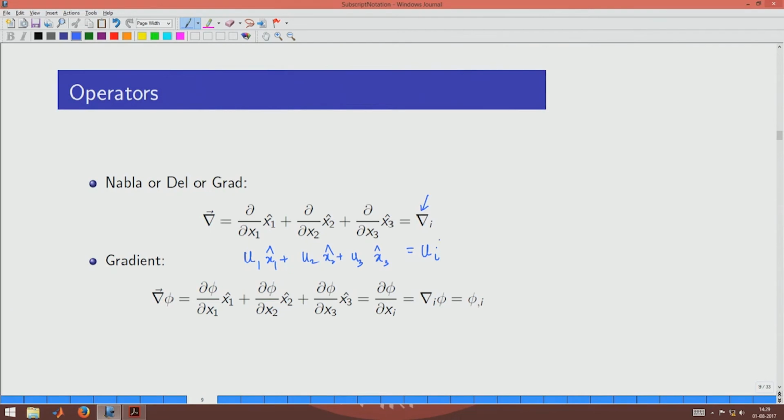We are writing it with a subscript I, but one difference is that this is for a vector and this is an operator. So while a vector can come anywhere in an expression because it is just a bunch of numbers, and the way we multiply numbers there is a commutativity, operators have to be moved around a little bit carefully because they are going to operate on what is on the right hand side of them.